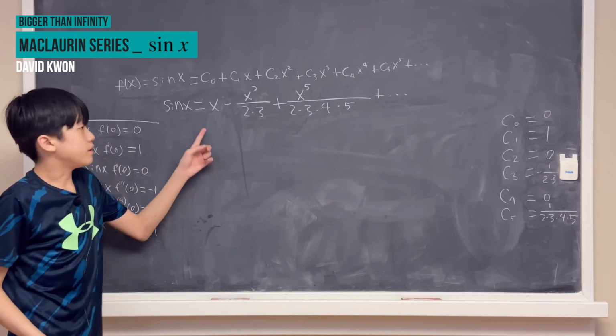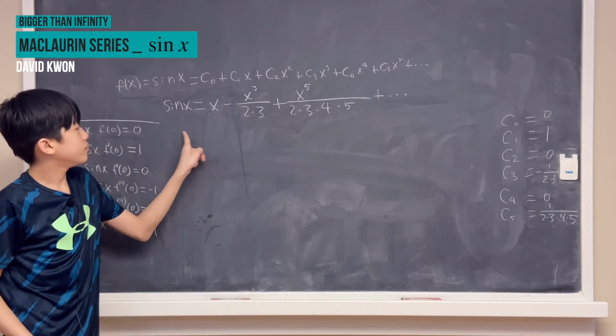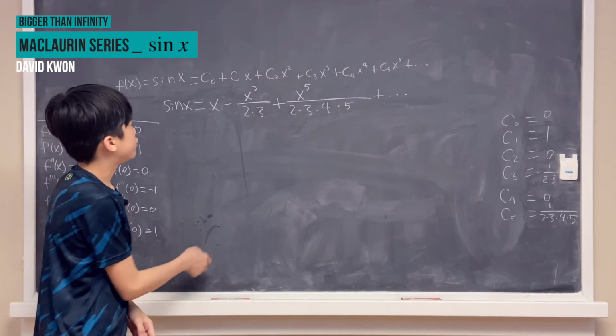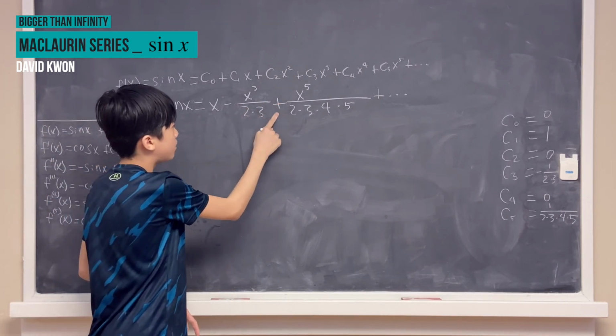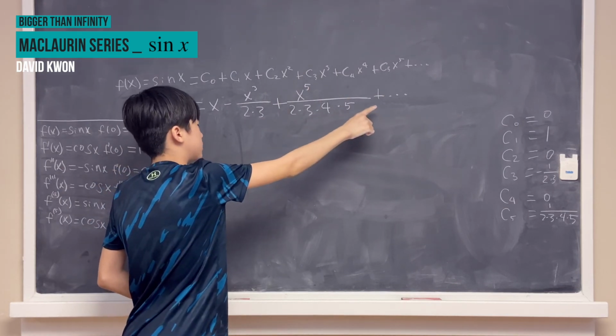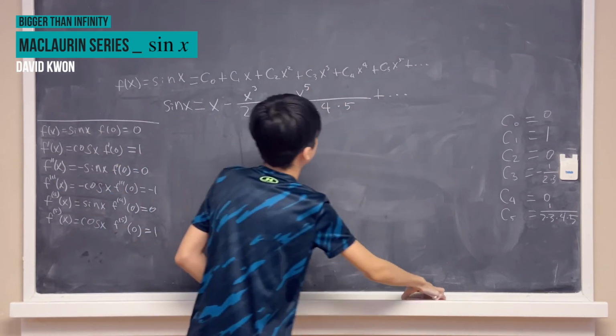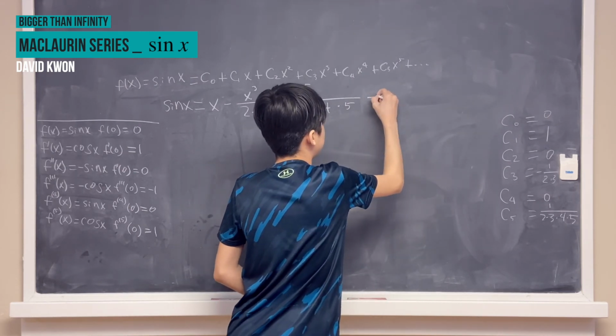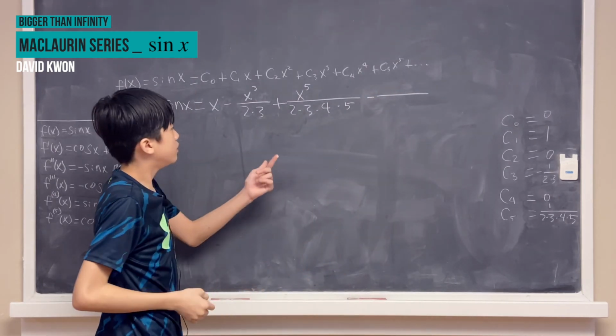Just by reading our function, you can see a pattern going on, which is positive, negative, positive. So our next term will be negative, and everything is a fraction.